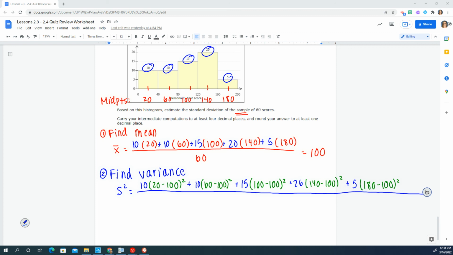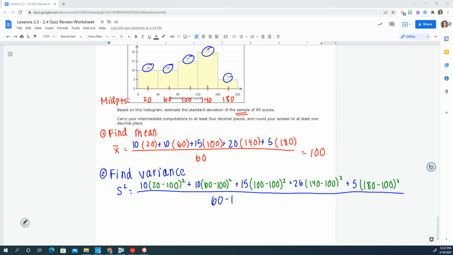All right. Because this is a sample, I do need to subtract 1 for my number of entries. Good. So I just left this as a decimal. I could have done it over 59. Did you get that number over 59? It looked like you did. Yeah.